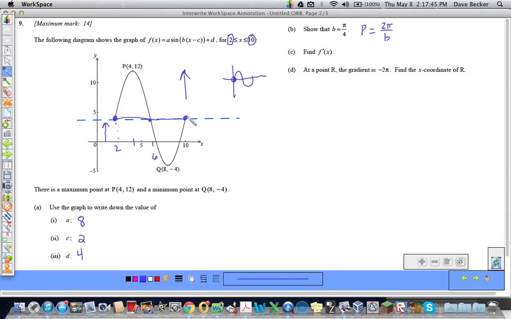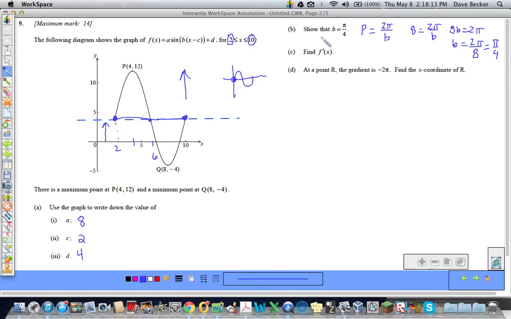Or you just subtract the endpoints of the x-coordinates. 10 minus 2 is 8. So you know the period is 8. So 8 equals 2 pi over b, which means 8b equals 2 pi, which means b equals 2 pi over 8, which is equal to pi over 4. Done.